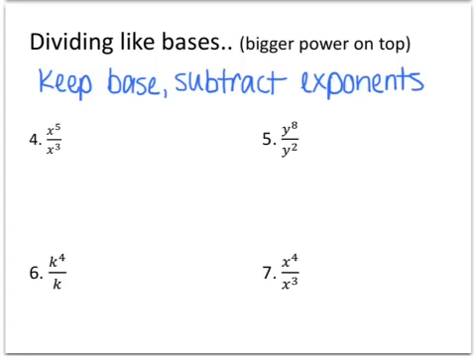So, if you notice, we have all the bigger exponents on top. So, number 4, x to the 5th divided by x to the 3rd. Keep your base. X squared. You keep the base, then you just do 5 minus 3. It's 2. What's number 5? Good.